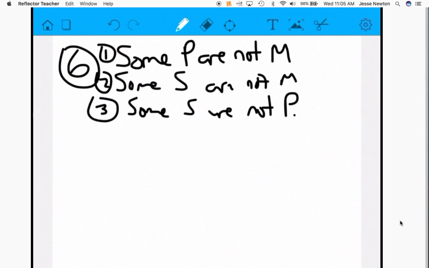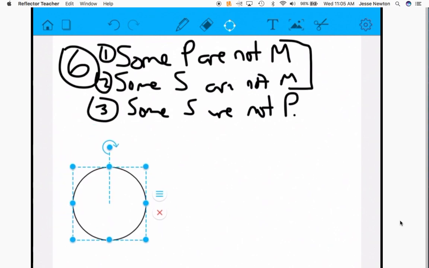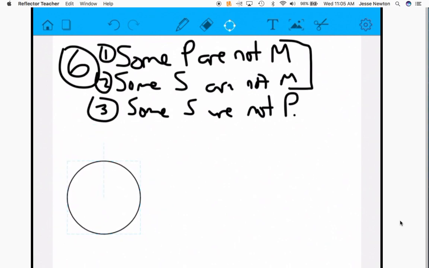Now, what you have to do is use Venn diagrams, and of course, in order to prove validity, we always diagram the two premises together in one diagram. So we begin by drawing our 3 circles in order to do just this.